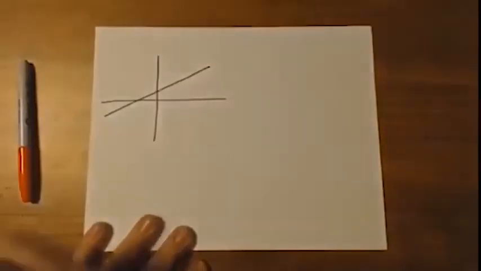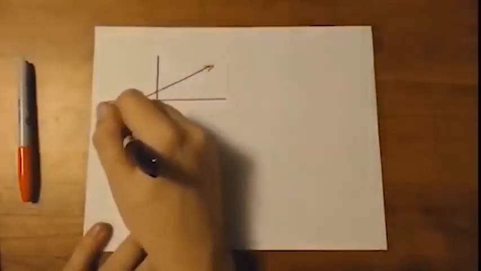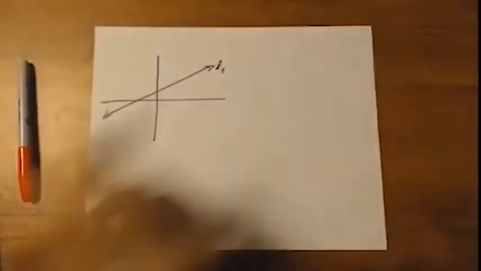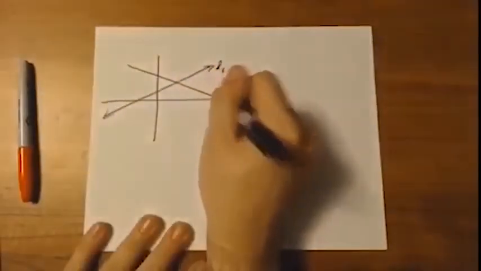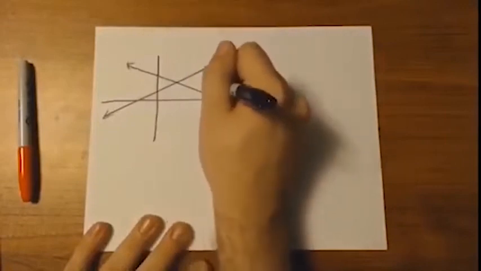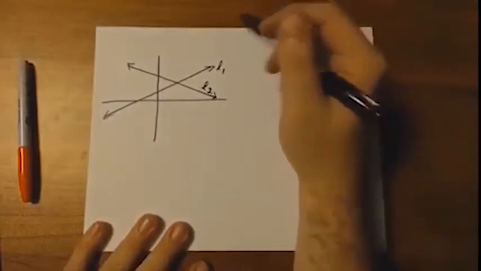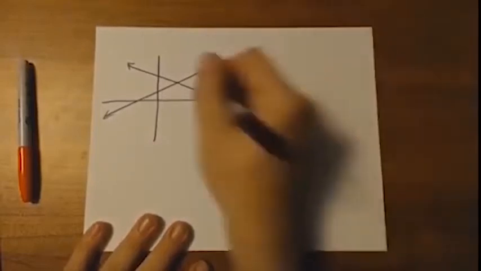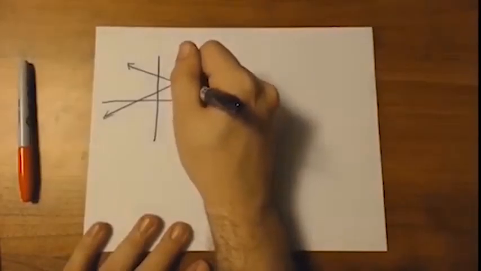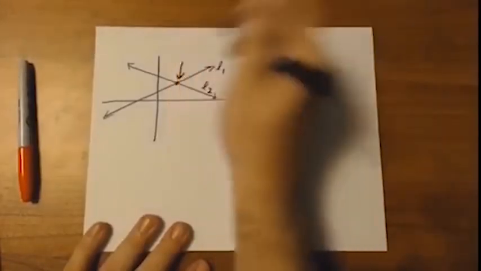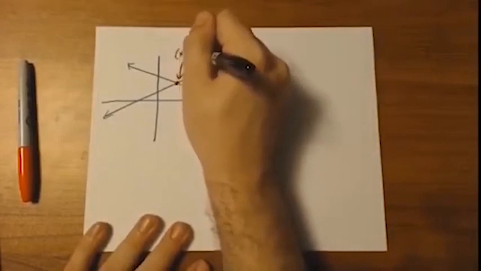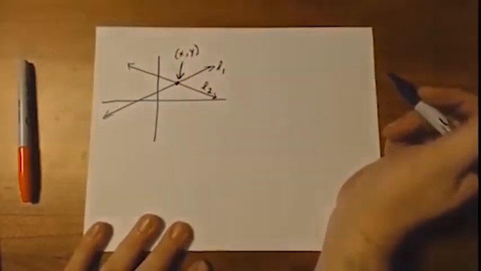And the first equation has some graph like this. Call that line 1. The second, we'll call this line 2. So here, these graphs intersect at exactly one point, some point xy.